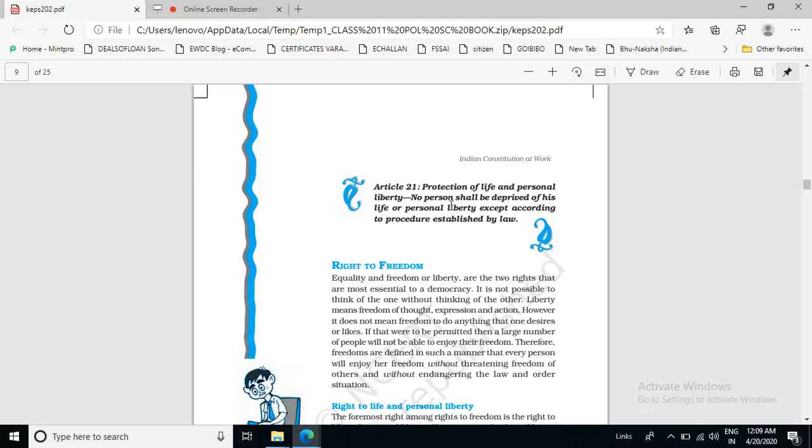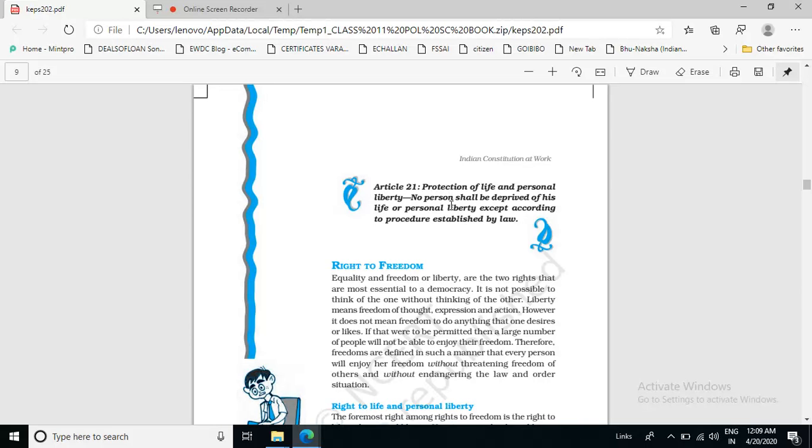Okay? Here, one thing you must understand: equality and liberty are both related to each other. Equality without freedom is meaningless, and freedom without equality is also meaningless.